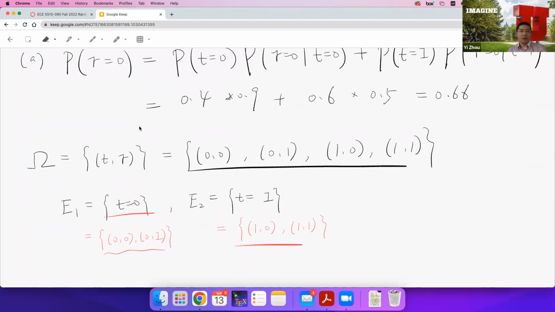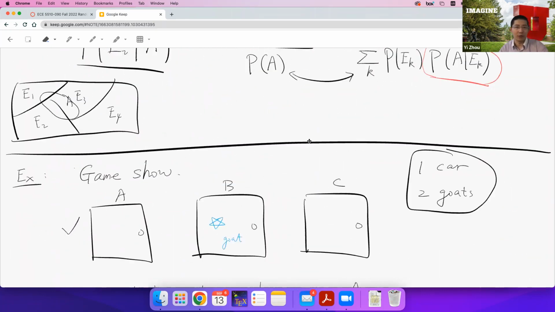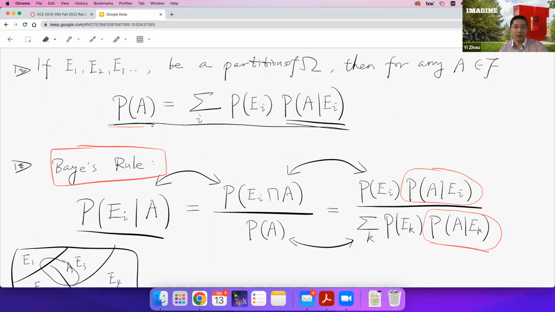And then you go back and use that partition lemma. So you decompose this event into each partition event multiplied by the probability of this event conditional on the partition event. If we go to the top, it's right here.